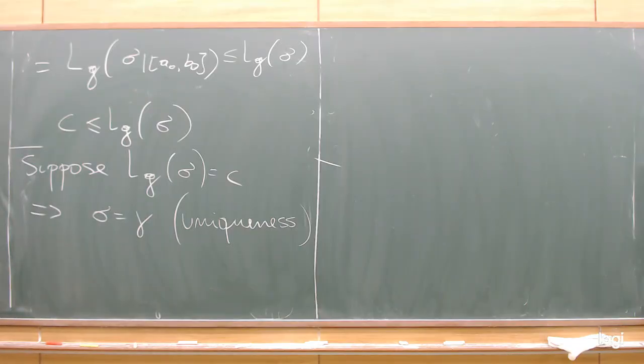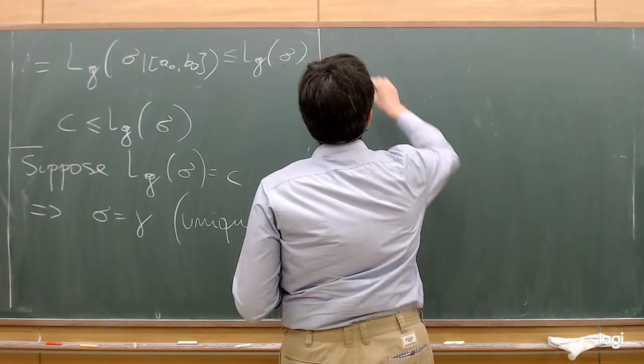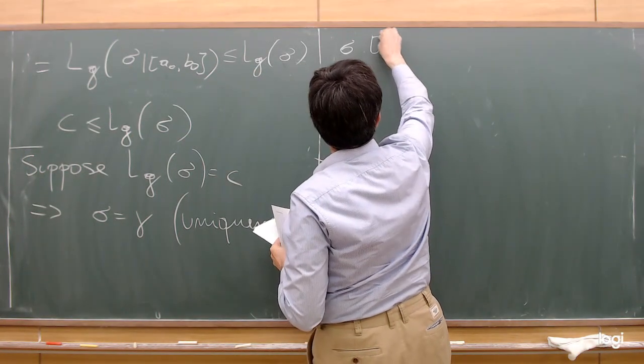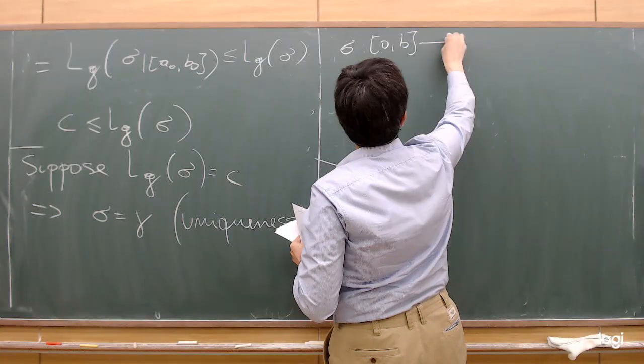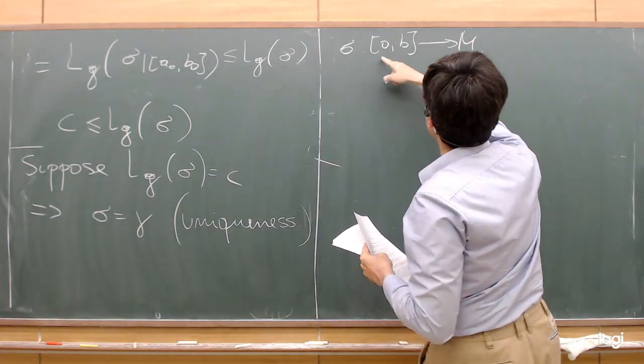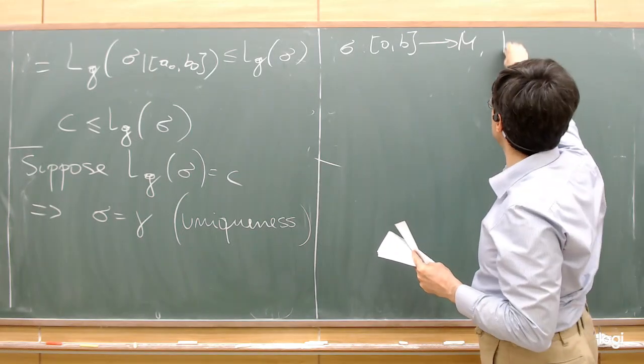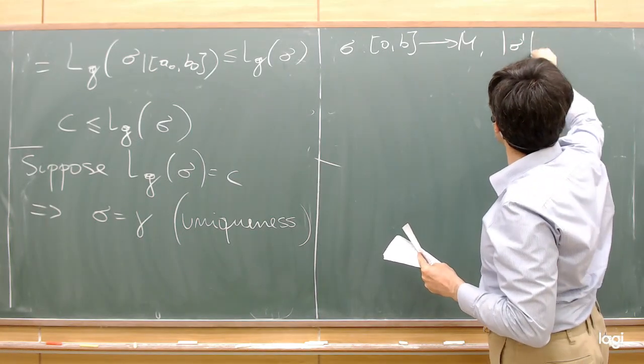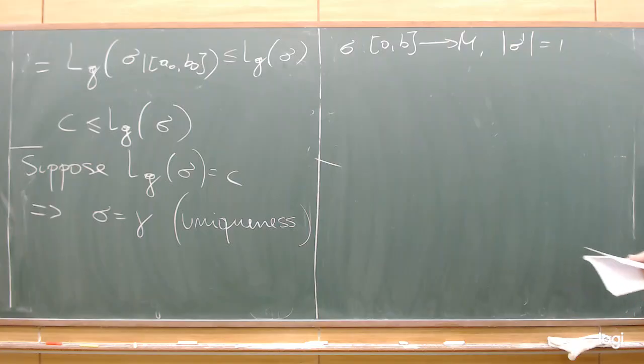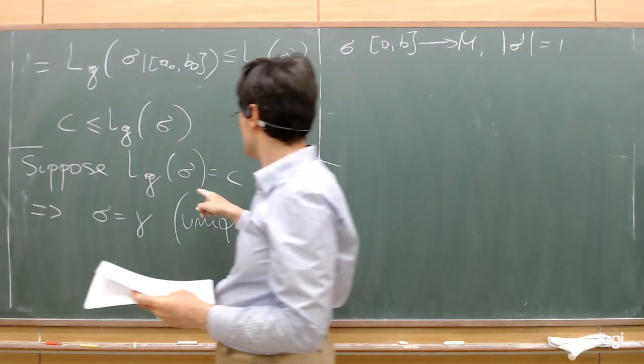So remember that sigma is a length curve defined on an interval of this form. The speed is 1.